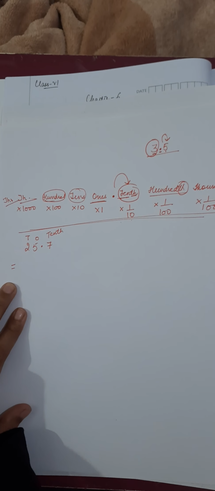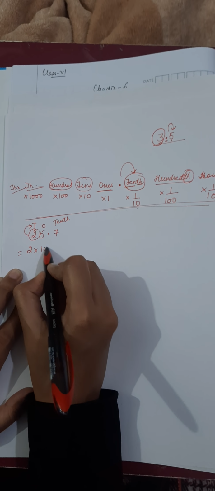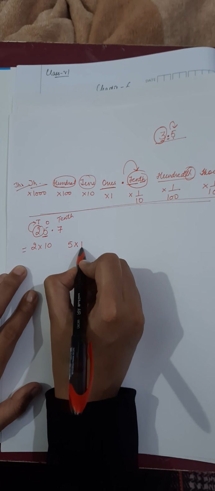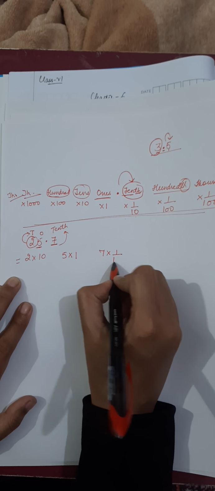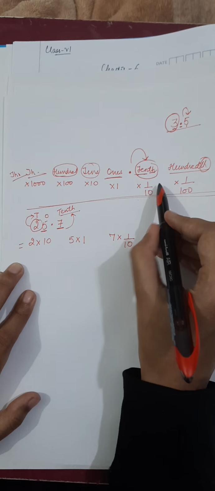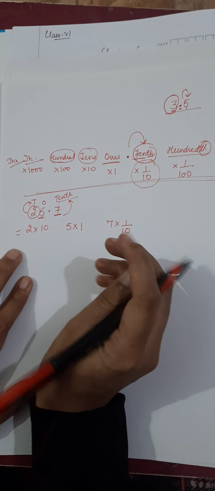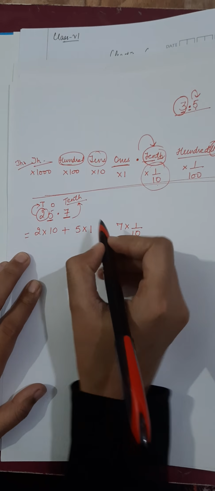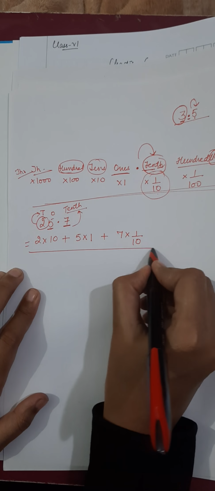So 2 is at tens place, so I multiply this 2 with 10. 5 is at ones place, so I multiply 5 with 1, and 7 is at 10th place, so 7 will be multiplied by 1 upon 10. Now to combine them together, we combine them with the sign of plus. This is your expanded form. This is your A part.